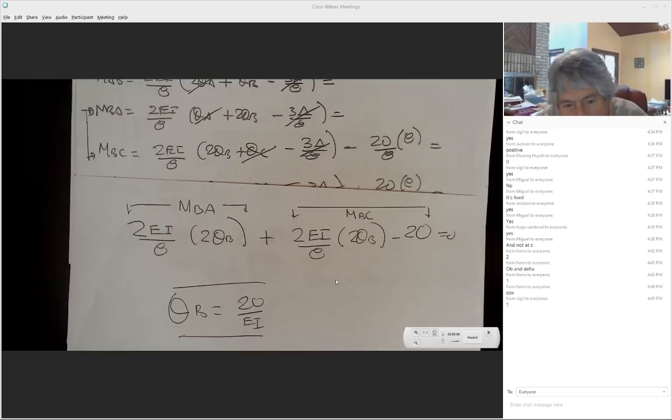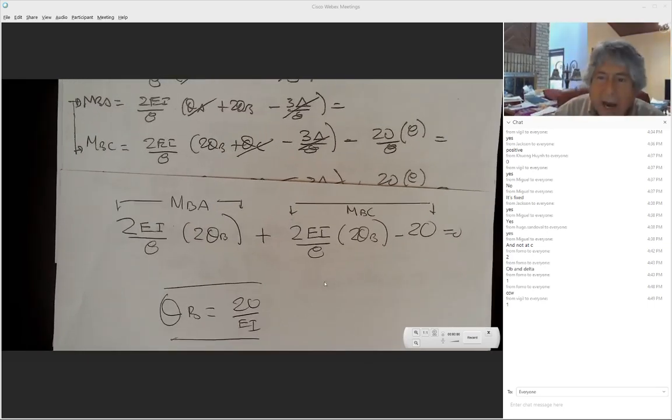One equation, one unknown. And I want to mention this again: EI we always leave as a constant because it's going to drop out. Theta B is 20 over EI. So what we find is a rotation, and we're going to use the rotation to compute the moment.